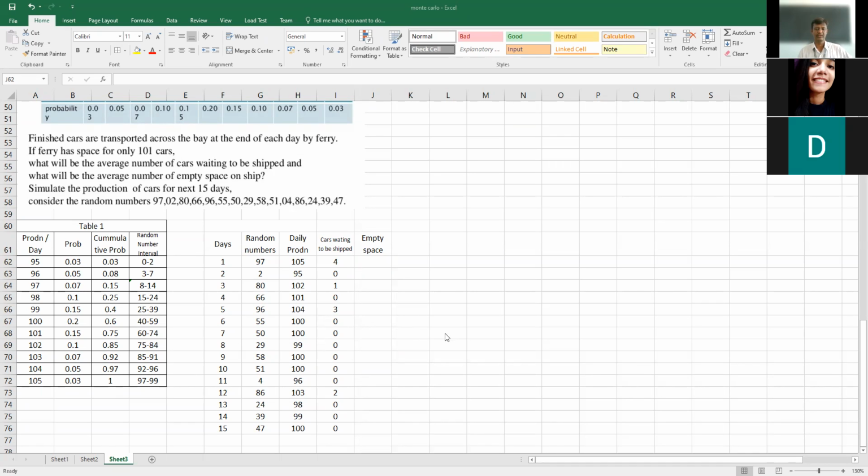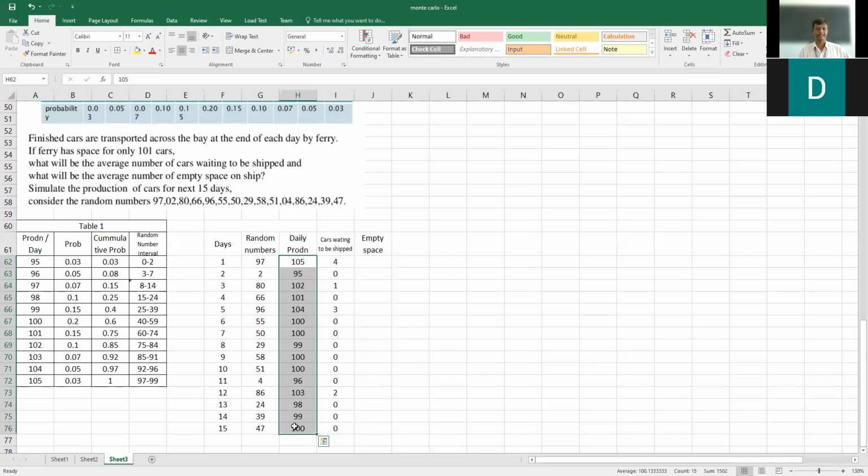How did we get cars waiting to be shipped? Okay, again I will explain one more time. Our daily production is found out here. On the other side, what is given in our case is finished cars are transported across the bay at the end of each day. At the end of every day, all the finished cars are transported.